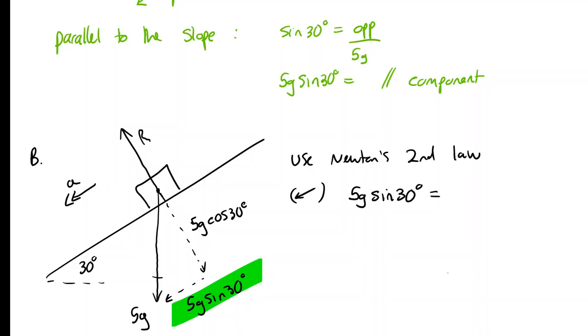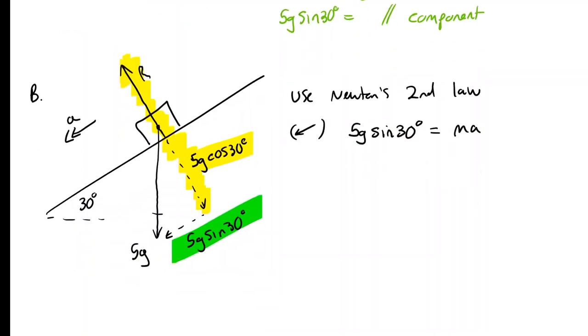This 5g cos 30 is perpendicular to it, so it has nothing to do with down the slope. And then R also is perpendicular to the slope, so it has nothing to do with motion along the slope. As 5g sine 30 is the only component acting along the slope, it is the resultant force along the slope. So by Newton's second law, we just call the resultant force ma.